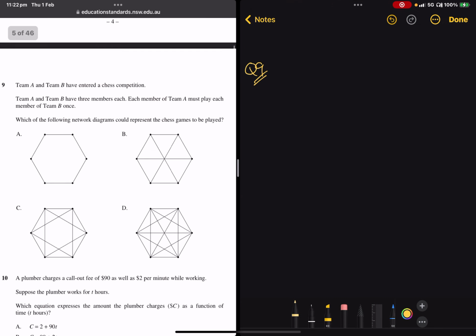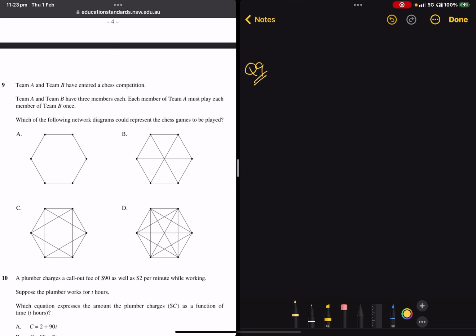So question 9, Team A and Team B have entered a chess competition. Team A and Team B have 3 members each. Each member of Team A must play each member of Team B once. Which of the following network diagrams could represent the chess game to be played? Okay, so we need each member to play, so they each have 3 members.